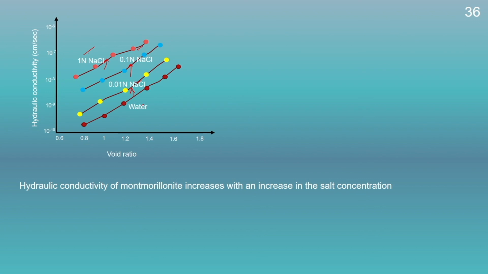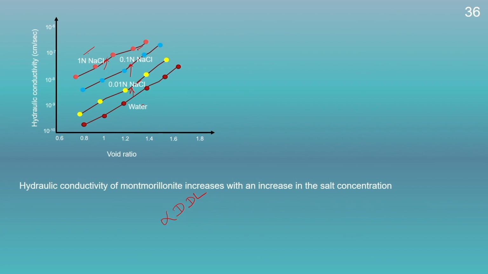This increase is due to the decrease in the diffuse double layer thickness. Since the diffuse double layer thickness decreases with the increase in the salt concentration, the hydraulic conductivity also increases.